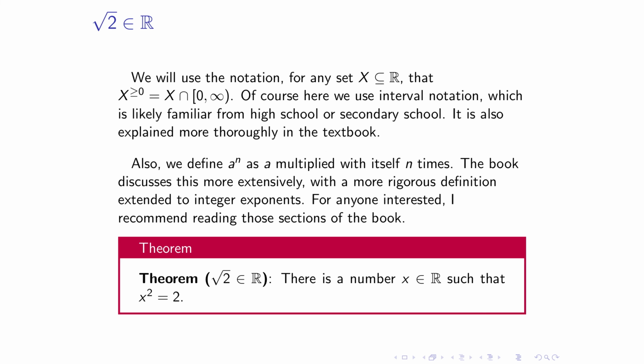So we're going to go ahead and state this as a theorem. Before I do, I'll make clear some notation that will become important. I'm going to use this superscript greater than or equal to 0 on any set to talk about its non-negative subset.